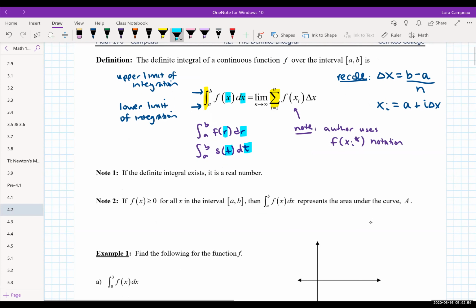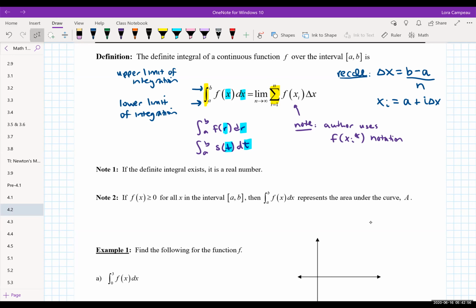A couple of notes before we get started with some of the examples. If in fact the definite integral exists, it is always going to be a real number. It probably doesn't feel so profound at this moment, but we approach it a little bit later in Calc 2 as well. And then this is the one that's more profound for me.